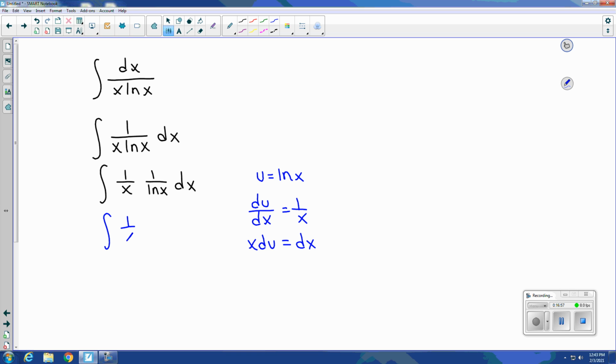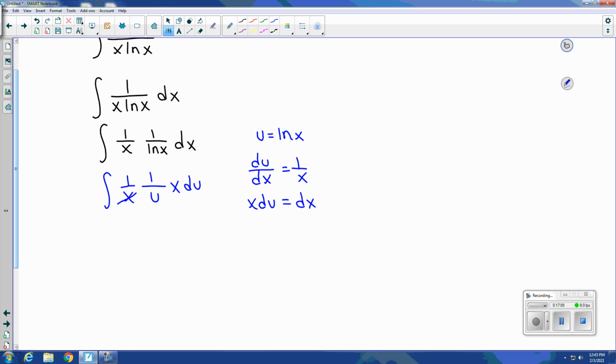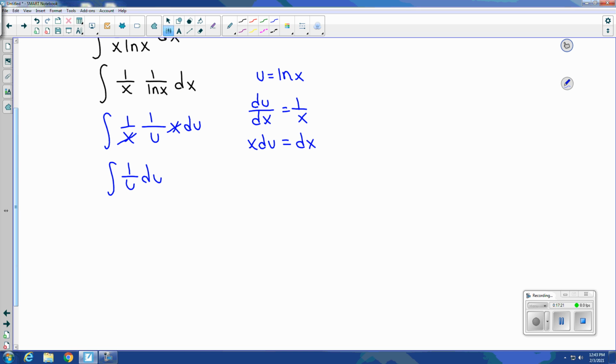So let's make our substitution. We're going to say that ln x is u. We're going to say that dx is x du. And we know our u substitution was successful if the original variables for the integral have disappeared. So now, what I started with, 1 over x ln x, has been reformatted to 1 over u du.